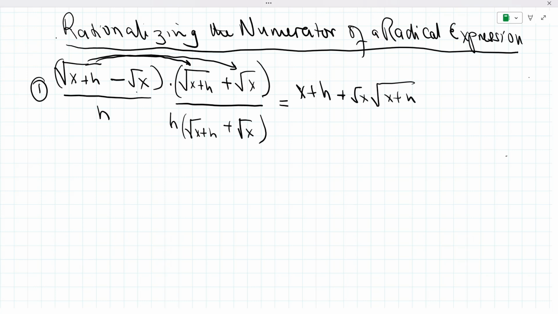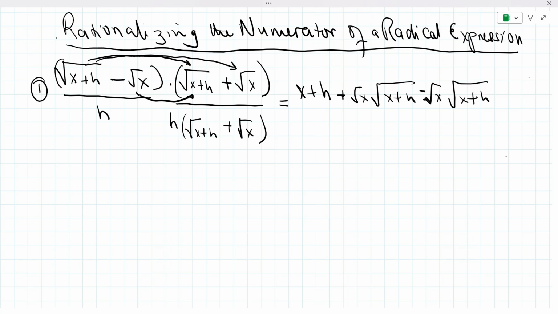And then we multiply minus root x by root x plus h, which will give us minus root x multiplied by root x plus h.